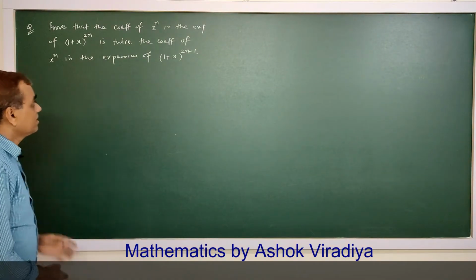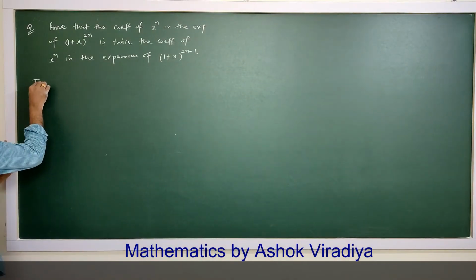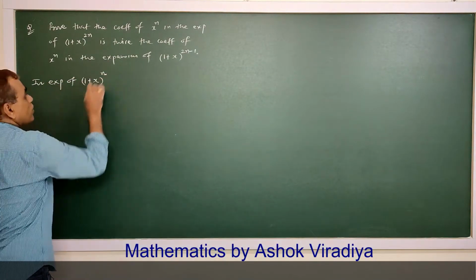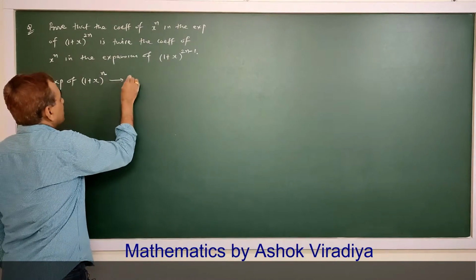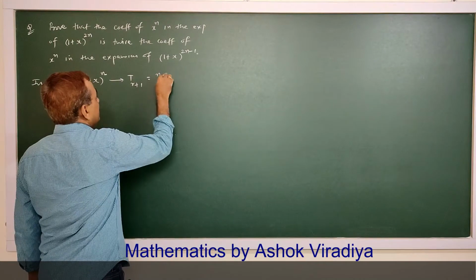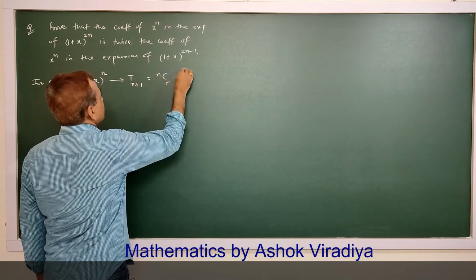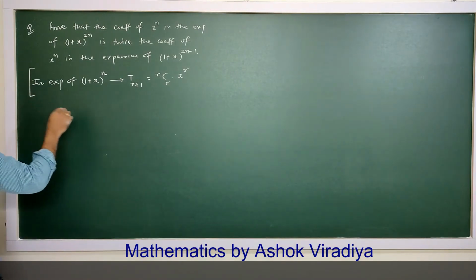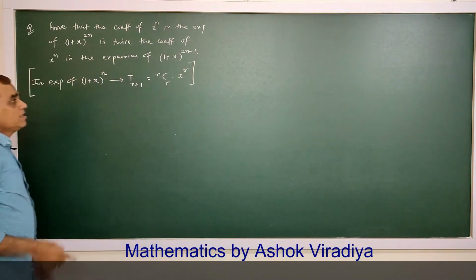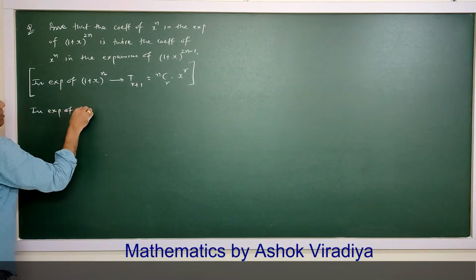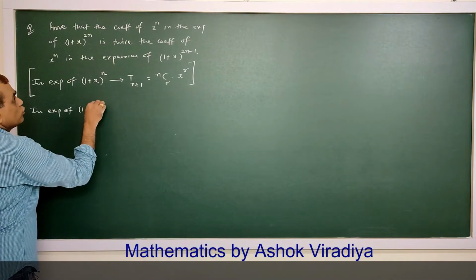Now see, in the expansion of (1 plus x) raised to n, the formula for a general term is nCr x raised to r. This is a formula. Now from this formula I am putting the expression in the expansion of (1 plus x) raised to 2n.